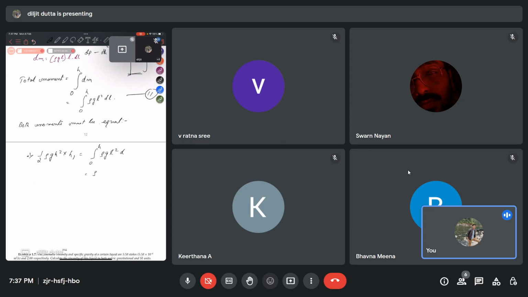So rho g can come out, integration of l square dl from 0 to h gives l cube by 3, so rho g h cube by 3. So rho g will be cancelled, one h will go, so this implies h dash equals 2h by 3.